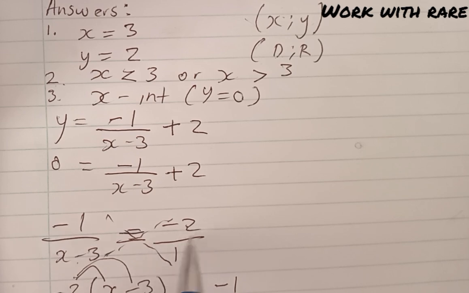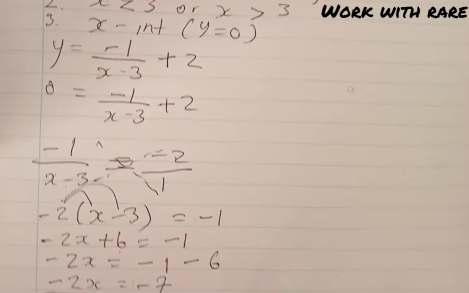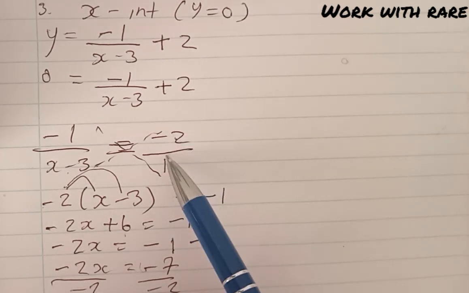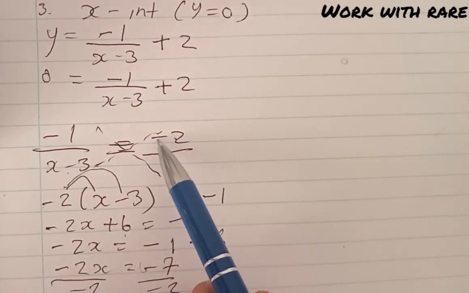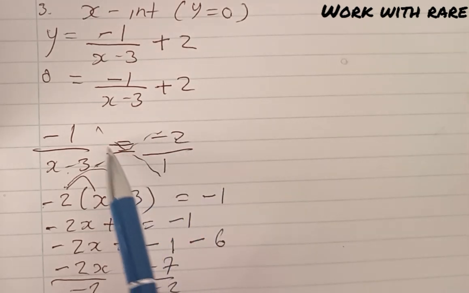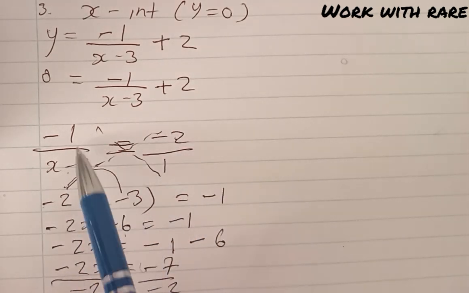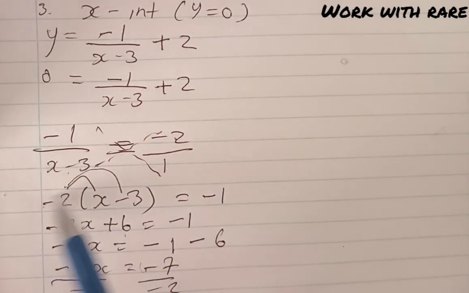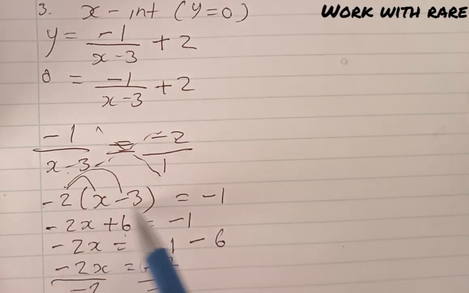So here it is. After that, I cross multiply. So remember, negative 2 is the same as negative 2 over 1. So here I have to make it a fraction. After this step, I have to cross multiply. If I cross multiply, it will be this 2 multiplied by this. That's why I wrote the brackets.